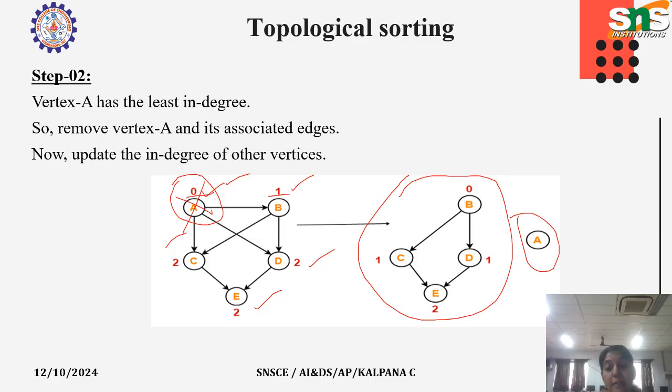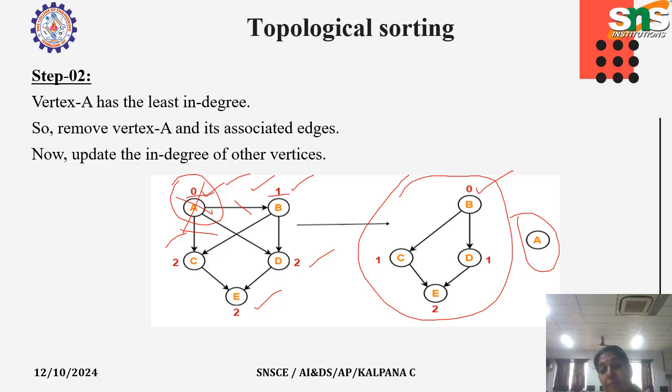So I will calculate the in degree for each node. Just see the previous graph, that is this one. Here the in degree of B is 1. But what about the resultant new graph? The in degree is 0. Once you remove vertex A, the edges of that vertex will be removed, right?